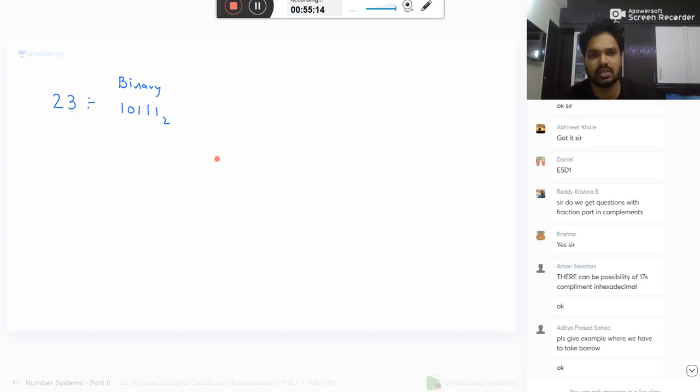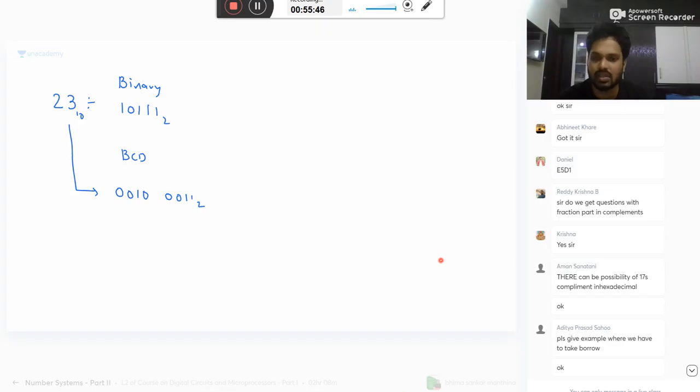Is it okay? 16 plus 7 is 23, right? So now listen here. 23 base 10 is equal to this binary. In BCD, you don't write like this. What you do is write 2 separately. 2 is 0010. 3 separately. This is how you represent 23 in the BCD.